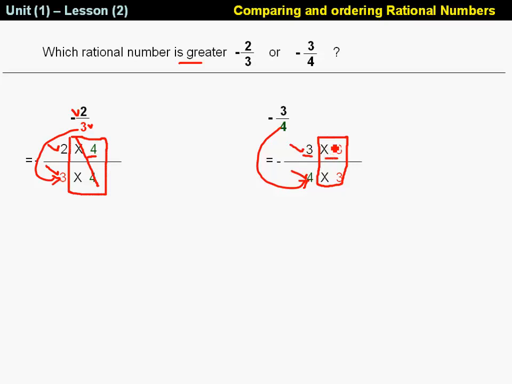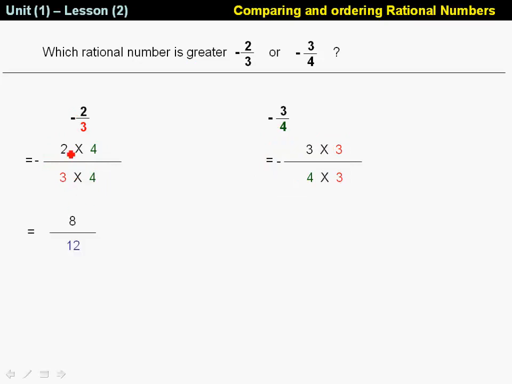If we cancel 3 with 3, we didn't change the rational number. If you multiply only the denominator, it will be wrong. This is equal 2 times 4 is 8, 3 times 4 is 12, 3 times 3 is 9, and 4 times 3 is 12.